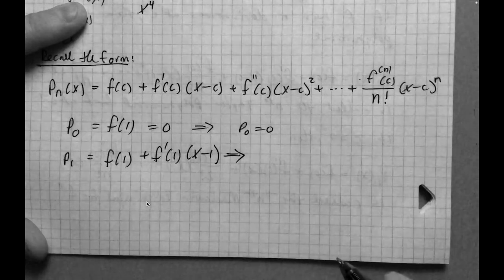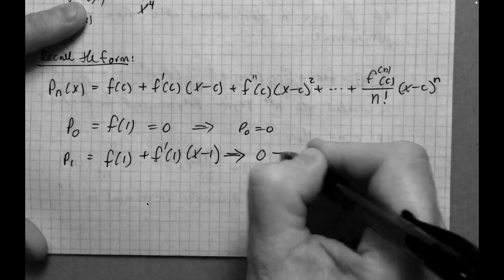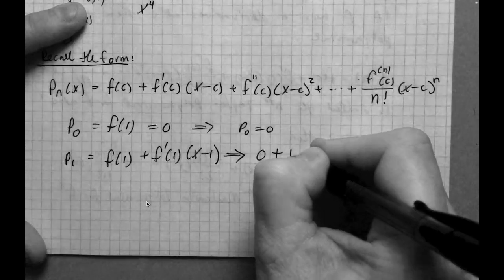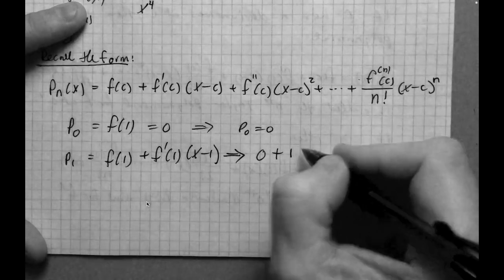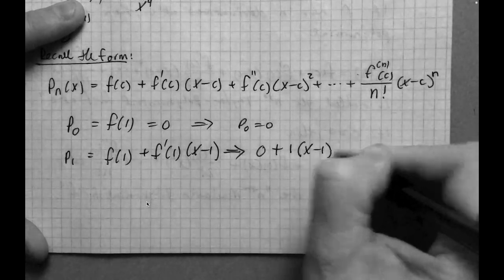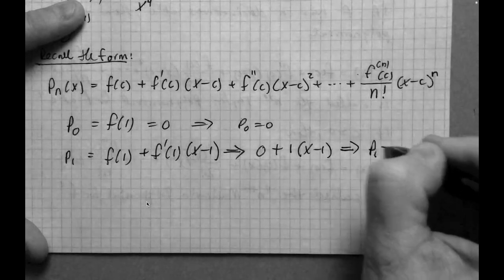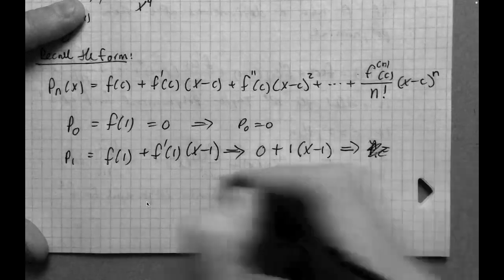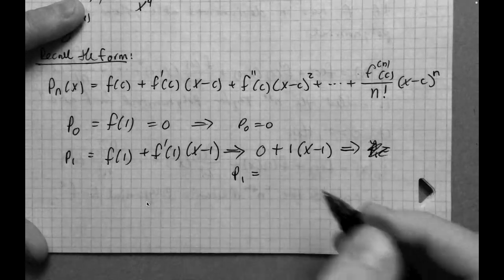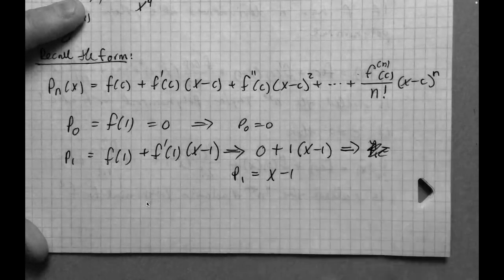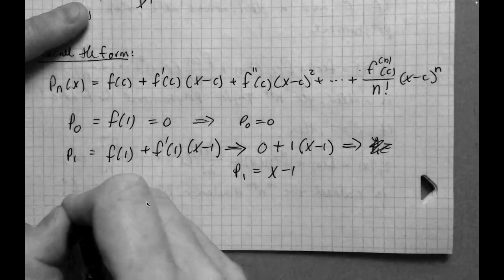Okay, so what do we get there? We get 0 plus 1, so f prime of 1 was 1, and then it'll be x minus 1, right? And so p1 is equal to x minus 1. What about p2?